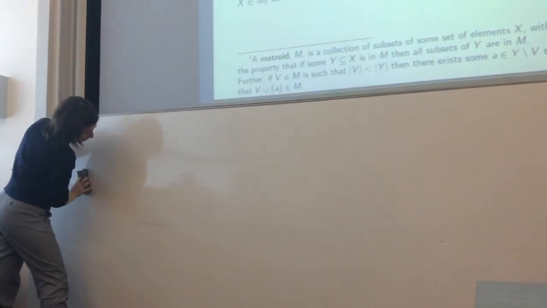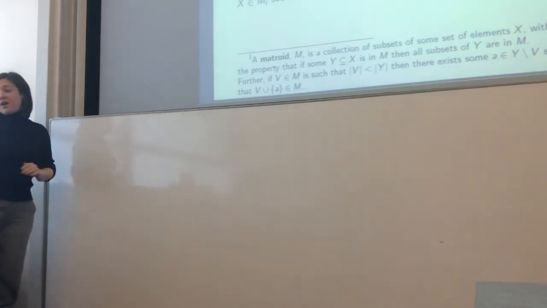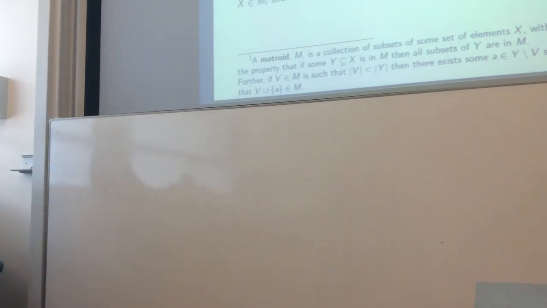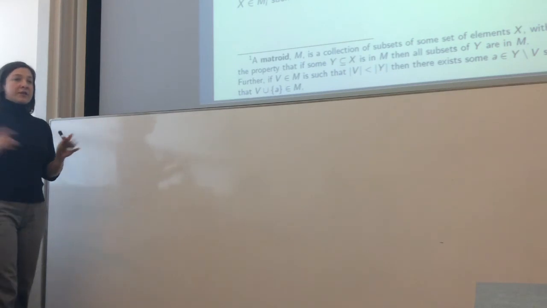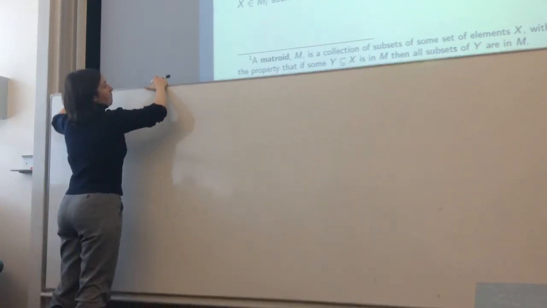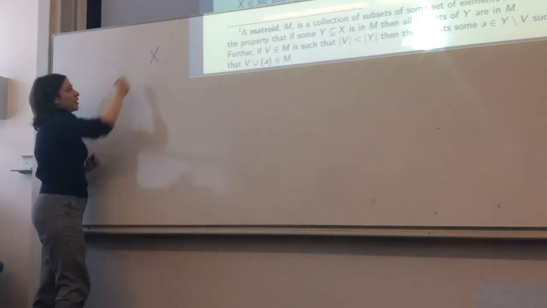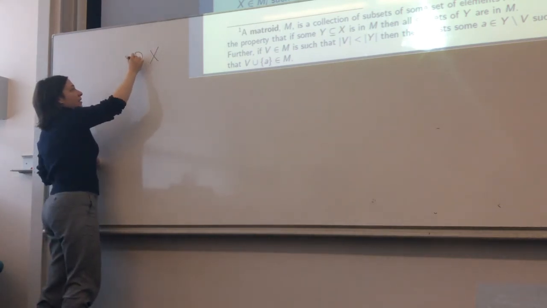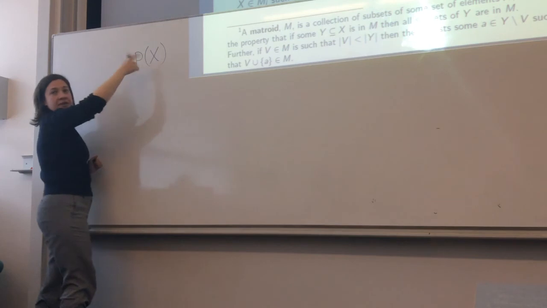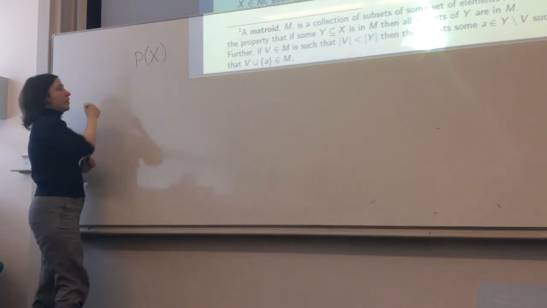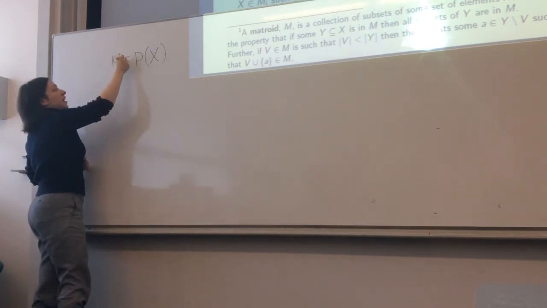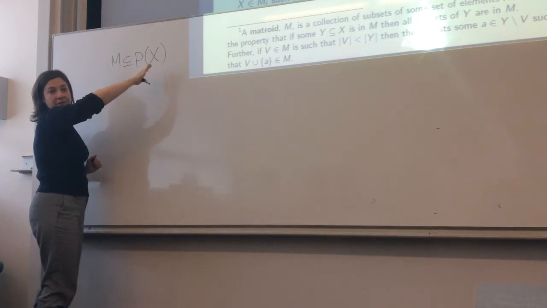A matroid is some subset of a power set of a given set. If we have some set X, you look at its power set, so all the subsets of X. A matroid would be some subcollection of that.